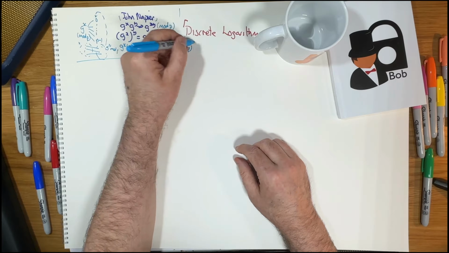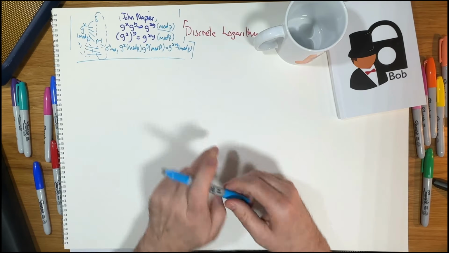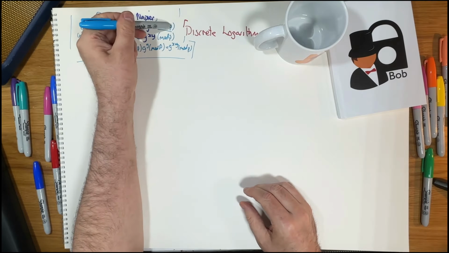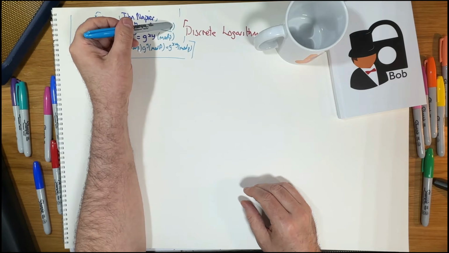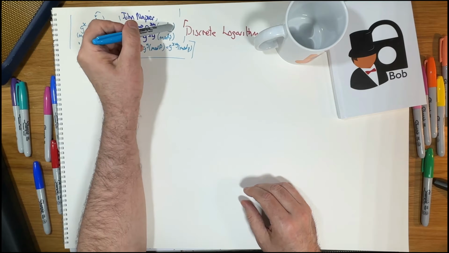So that's the basics of discrete logs, and the magic of it is the mod of the prime number. Remember, the mod is the remainder after we do an integer divide by p.